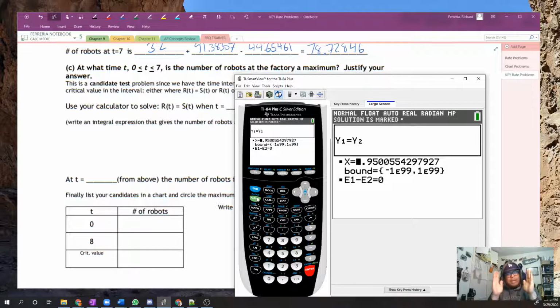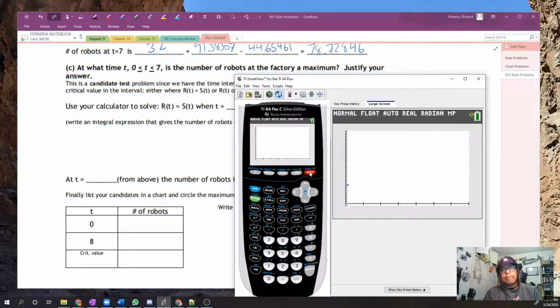The interval is not going to be so big that you can't put in multiple guesses. And if all else fails, maybe you should graph those two to see where they intersect. Here's what the graph would look like. Okay, here's R.